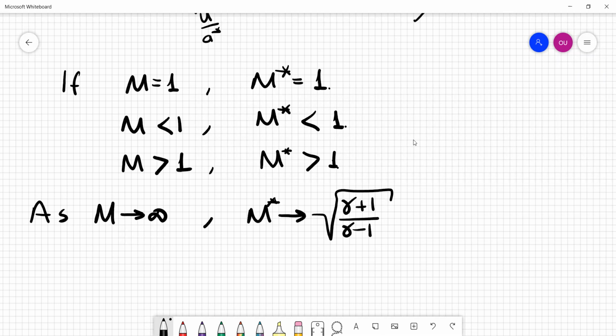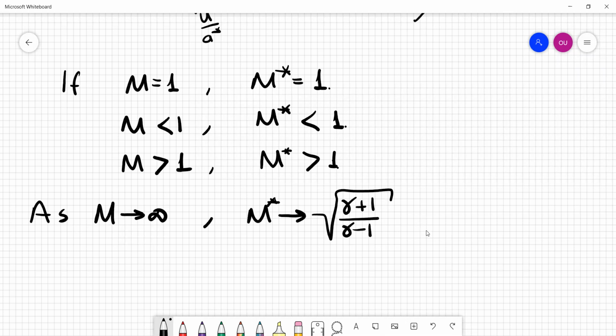So until this point, we've built up quite a bit of background regarding energy conservation, regarding the definition of speed of sound, regarding how we utilize this definition in the energy conservation equation, regarding how we define this characteristic Mach number, and how these quantities are all related, stagnation quantities, star quantities.